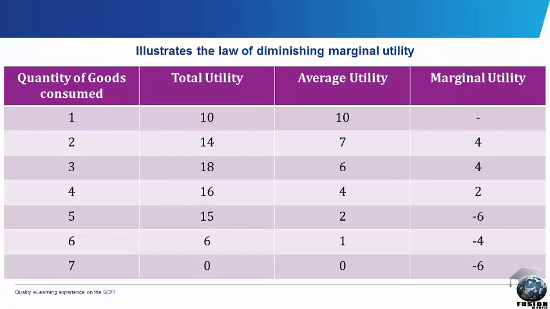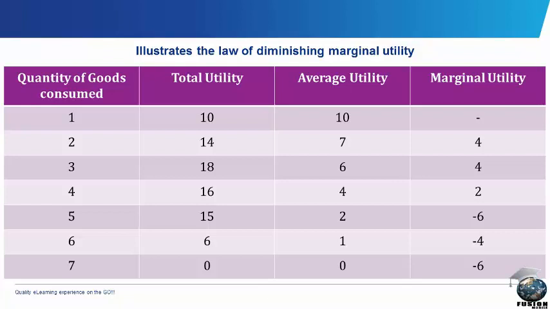While the average utility is calculated by dividing the total utility by the quantity consumed. That is, the total utility given to us as 10 and the quantity consumed, which is 1, will give us the average utility.